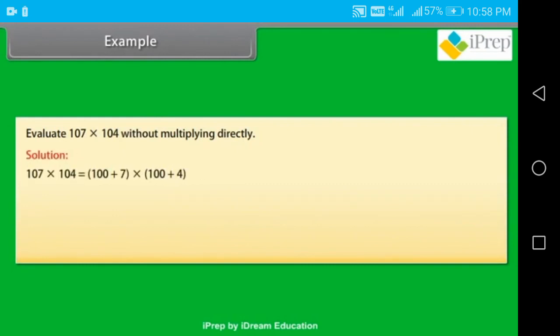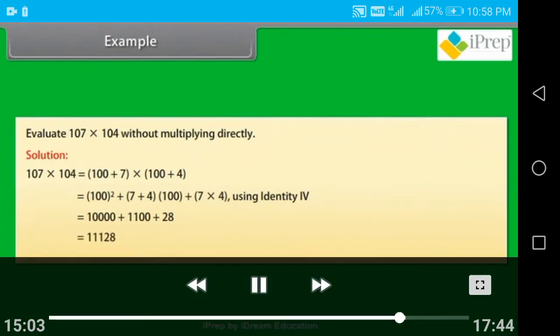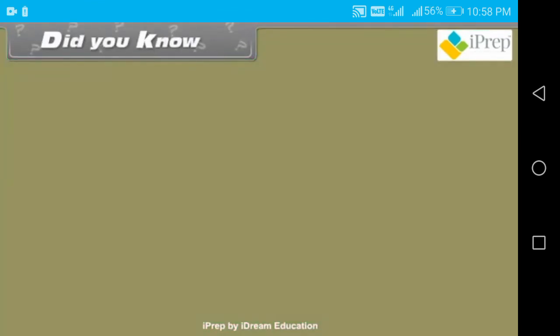Solution. 107 times 104 is equal to (100 plus 7) times (100 plus 4), which equals 100 squared plus (7 plus 4) times 100 plus 7 times 4, using identity 4, which equals 10,000 plus 1,100 plus 28, which is equal to 11,128.